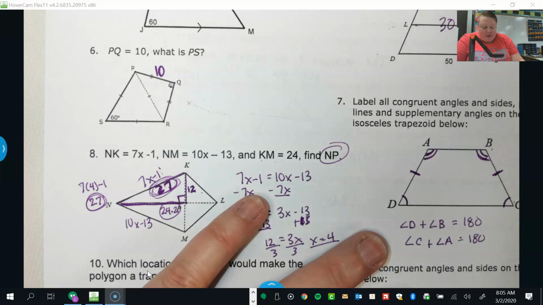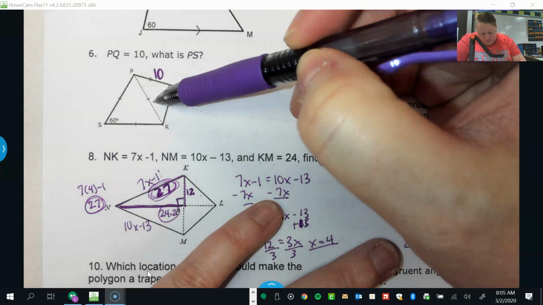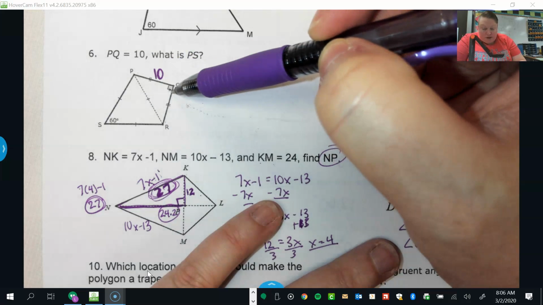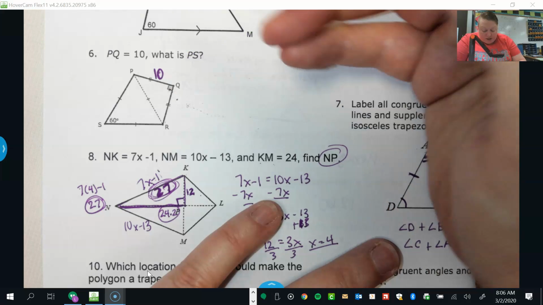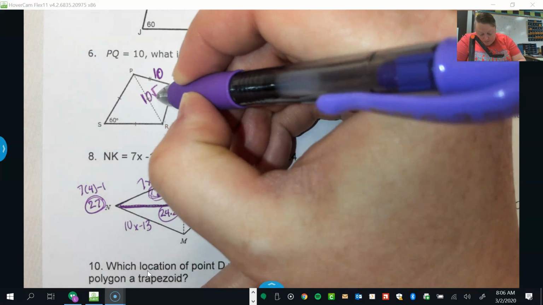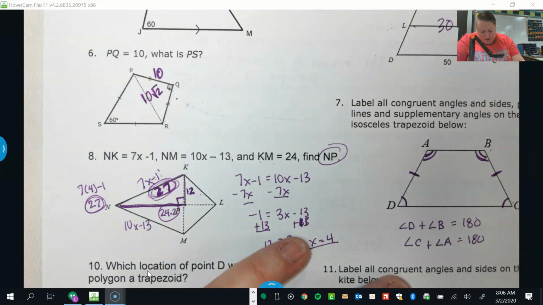All right, I want to come back and do number 6. So this is a 45, 45, 90 triangle because these 2 sides are congruent, and here's my right angle. So I know this is x root 2. So this is 10 root 2 here, okay?